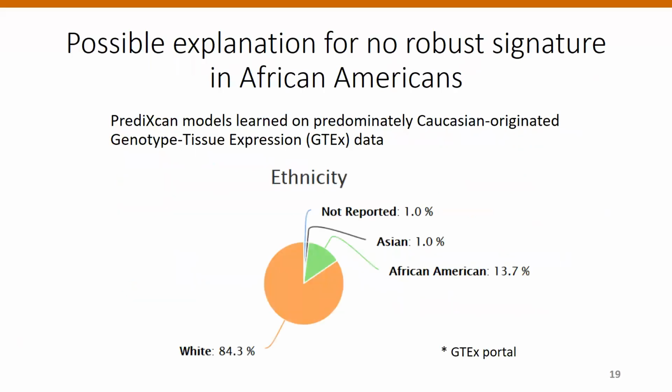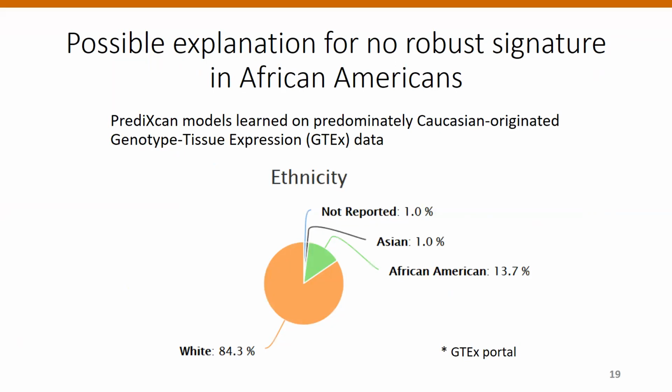The possible explanation for that is that PrediXcan learns its weights, its regression models, on GTEx, and GTEx itself is predominantly Caucasian. 84% of the samples are white. Only 14% are African American.